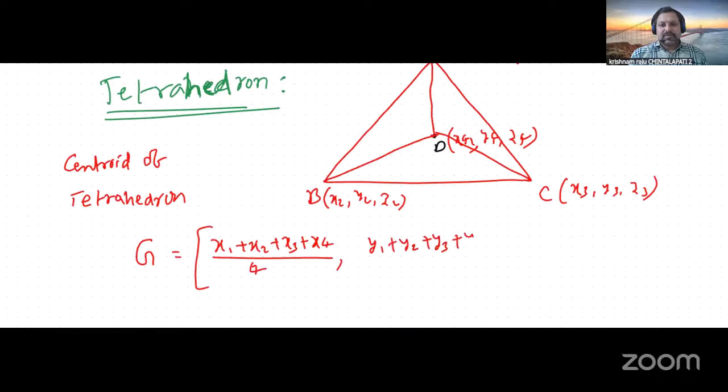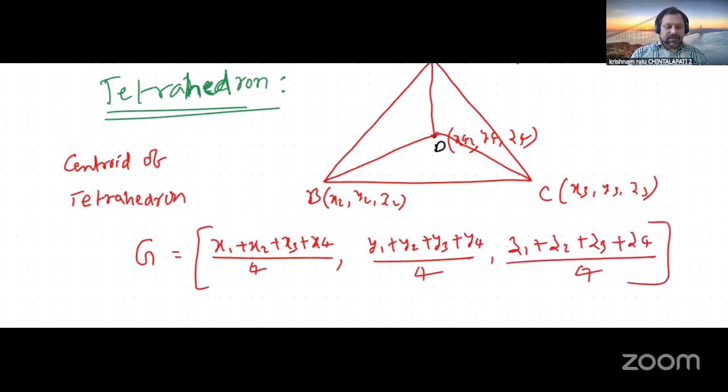Similarly, in terms of z, z1 plus z2 plus z3 plus z4 by 4. So this is centroid of tetrahedron.